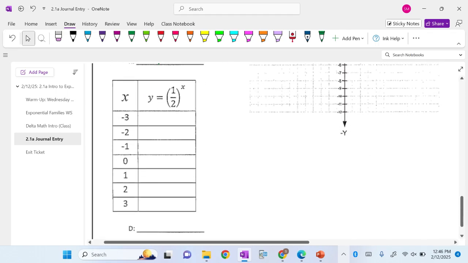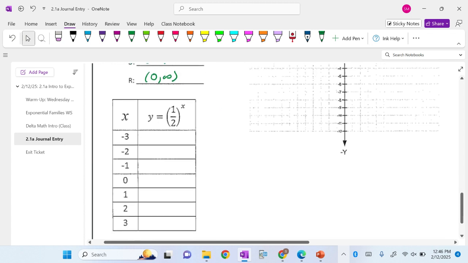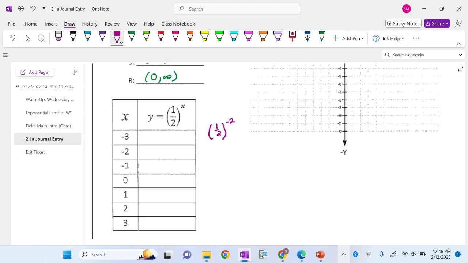Now on the flip side, guys, the great thing about (1/2)^x, all right? Let's think about this for a second. If I'm doing, let's say, 1/2 raised to the negative 2, the power rule states that I multiply this exponent onto the 1 and onto the 2.